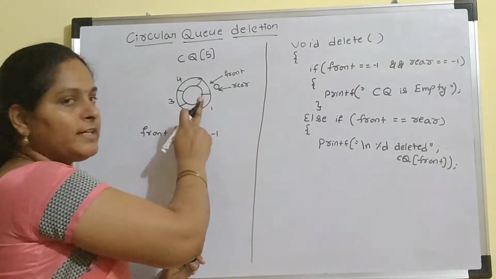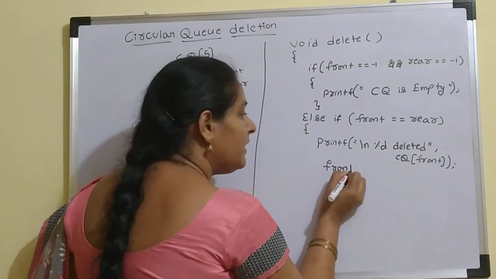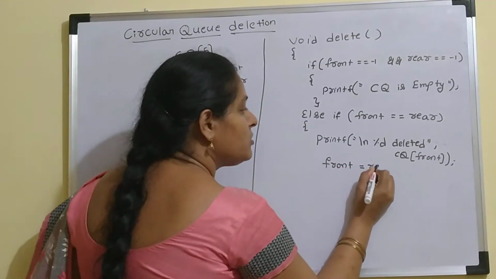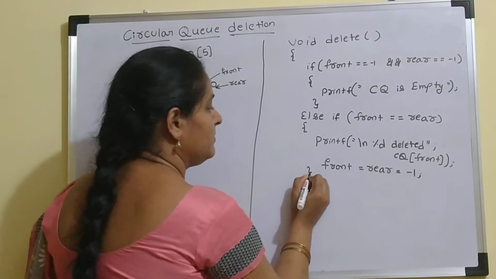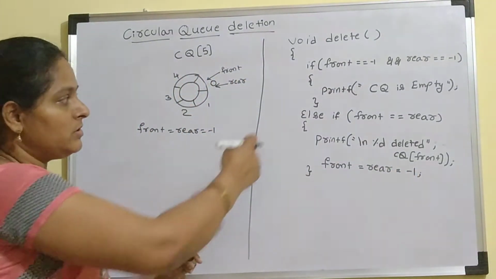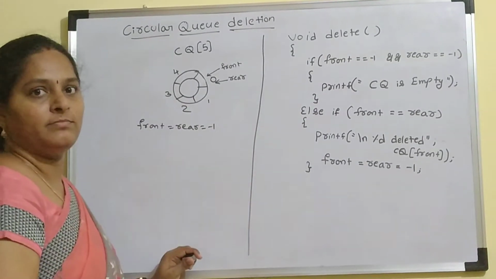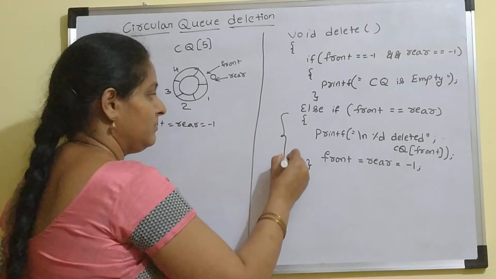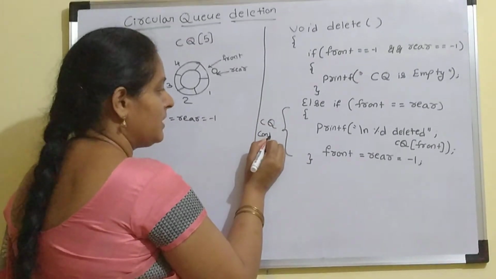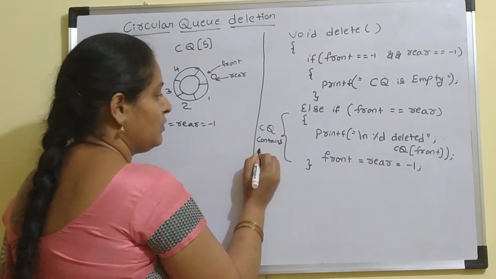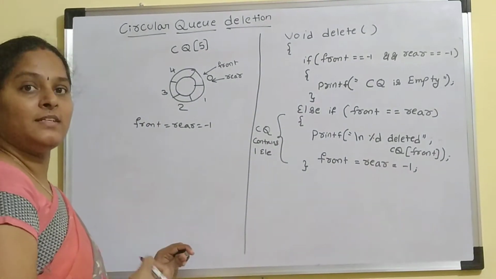So after deleting that element, we should make our front and rear pointers -1. So this is the case if the circular queue contains one element. Now see the next case.